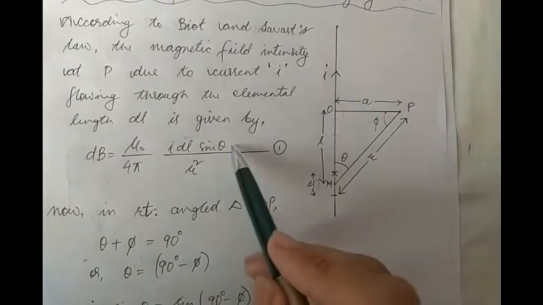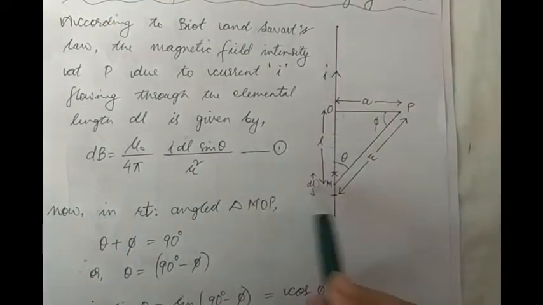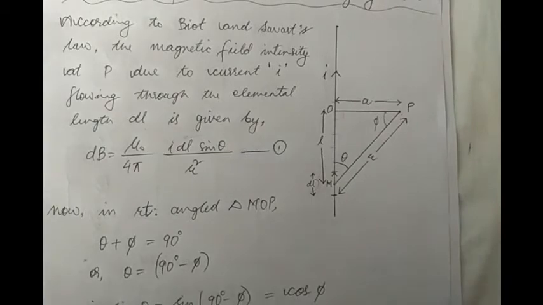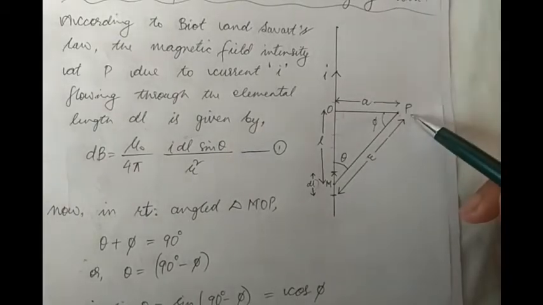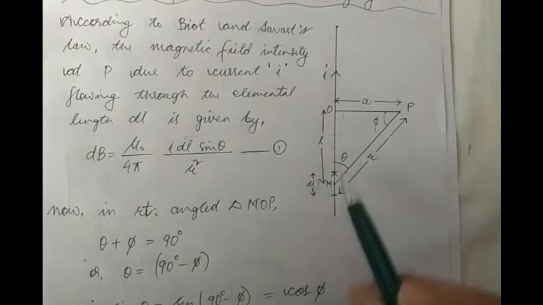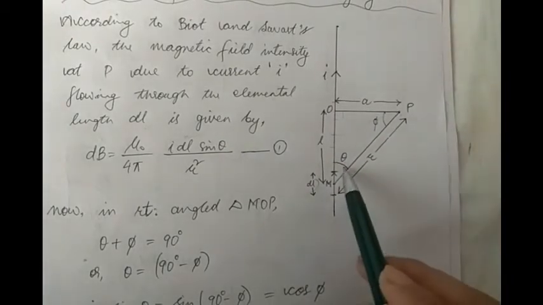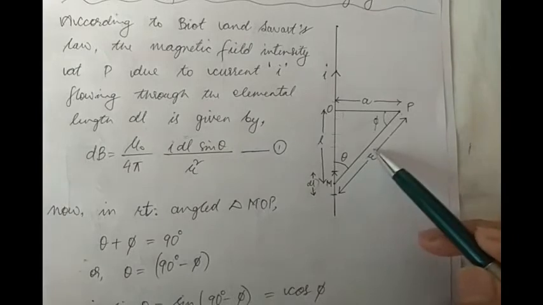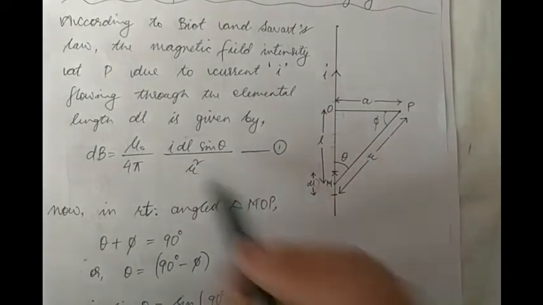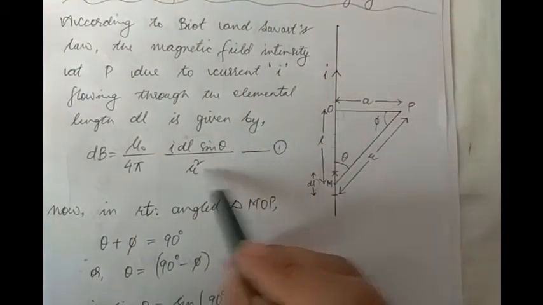So theta also is a variable, and for different positions of DL, this value of R would be different. For the same point P, such that A is fixed, for different positions of DL, theta would be changing, R would be changing, and DL itself could be of different lengths. So DL is a variable, theta is a variable, R is a variable.